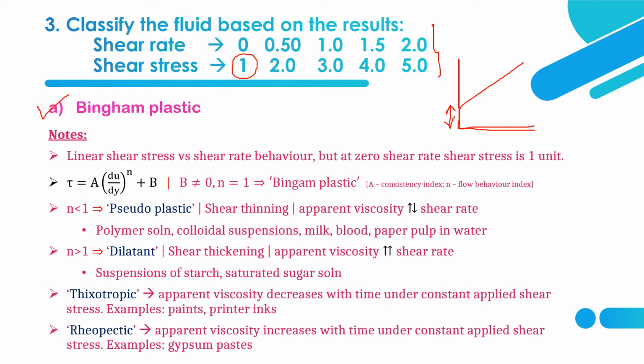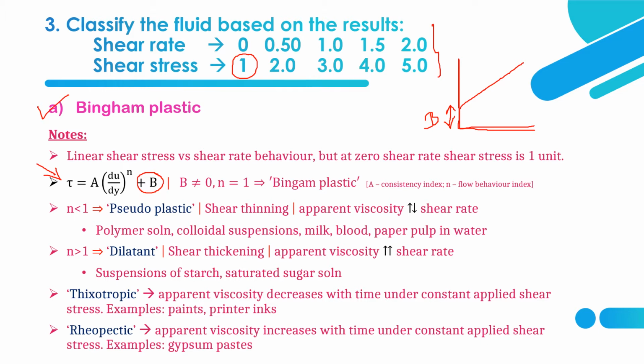Now let's see other important things of non-Newtonian fluids. So what is a Newtonian fluid? We have already learned in the previous question. And a non-Newtonian fluid is given by this formula: tau is equal to A (du by dy) power n plus b. This b is the initial stress to initiate the flow.